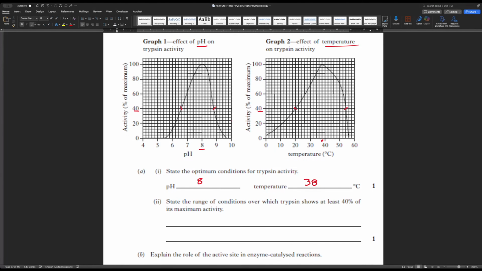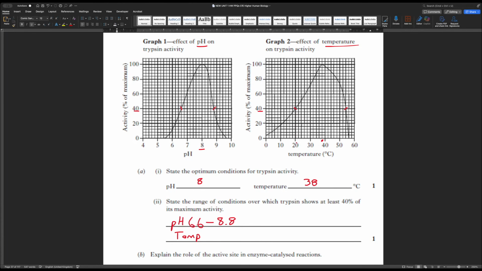So what we have to do is say that its pH is between, that's 6.6 and 8.8. So pH is 6.6 to 8.8. That's the range.